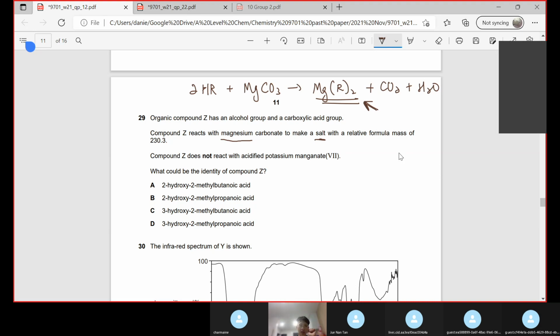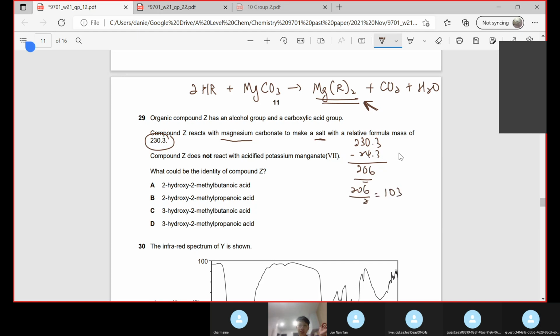So the relative formula mass provided to you, you take 230.3 minus 24.3. 24.3 is the relative atomic mass of magnesium. Then what you get is 206. Then this 206 you need to divide by 2.